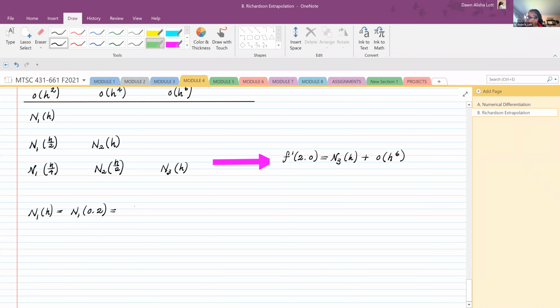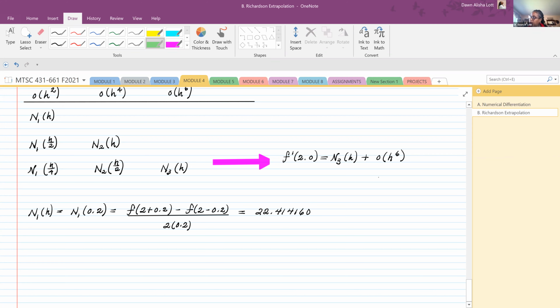So that's going to just be F of 2 plus 0.2 minus F of 2 minus 0.2 all over 2 times 0.2. And that turns out to be 22.414160.